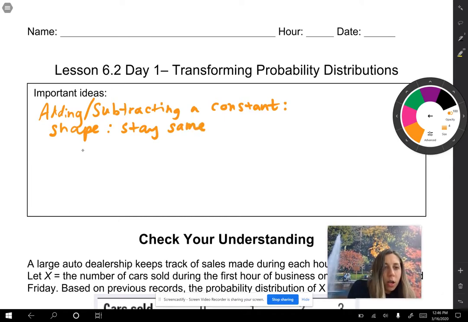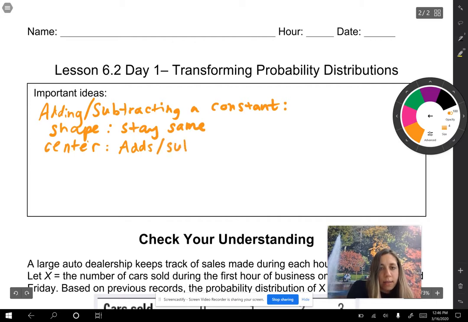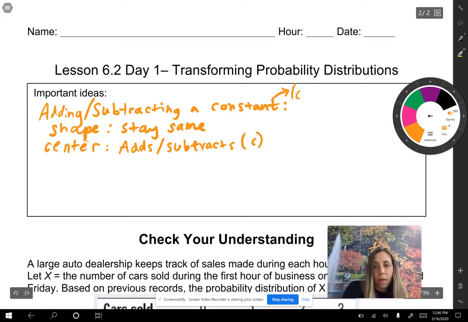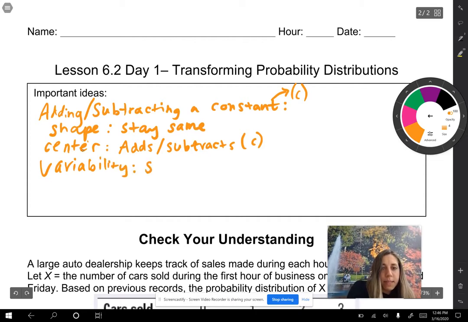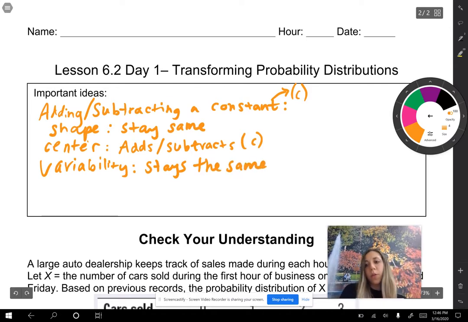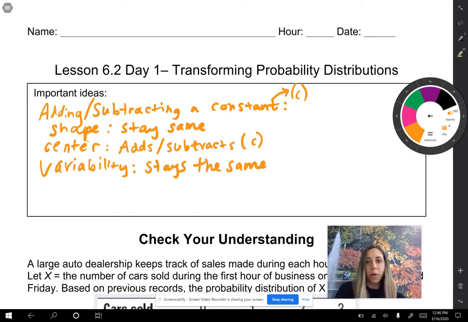Your center adds or subtracts that constant, which we could call C. Your variability stays the same. You learned this in another lesson, probably in chapter 1 or 2. It's just reiterated here with discrete probability distributions.